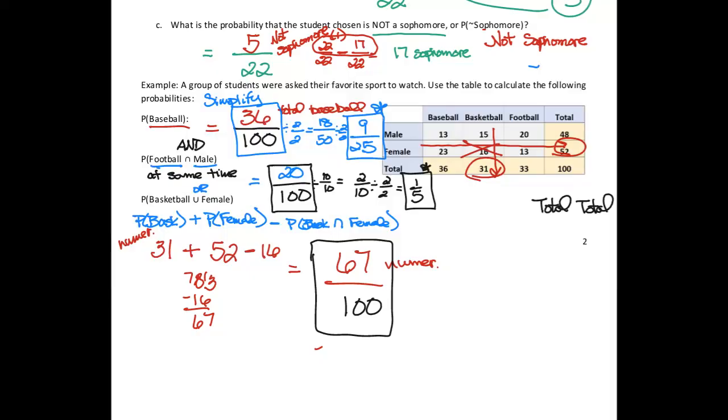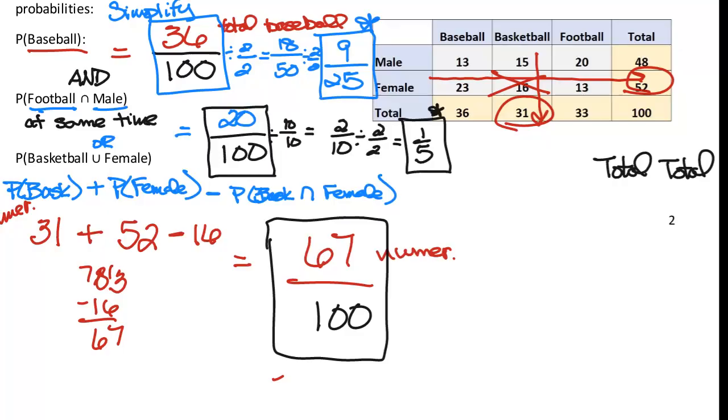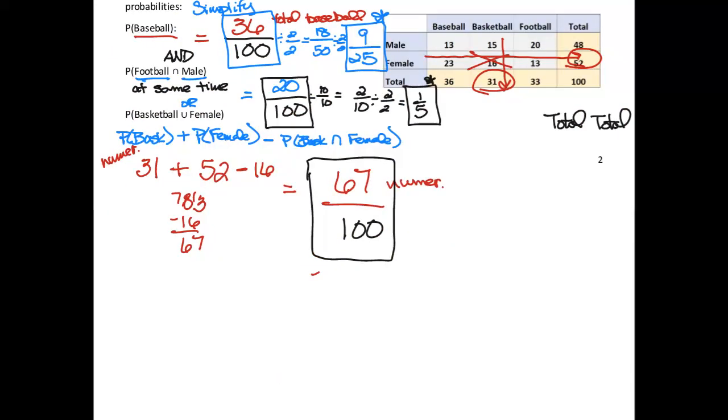All right, so let's do a little bit of review. If I have an "and" statement, like here, looks like a small n, that's where you look at the intersection, okay? It has to be both at the same time.